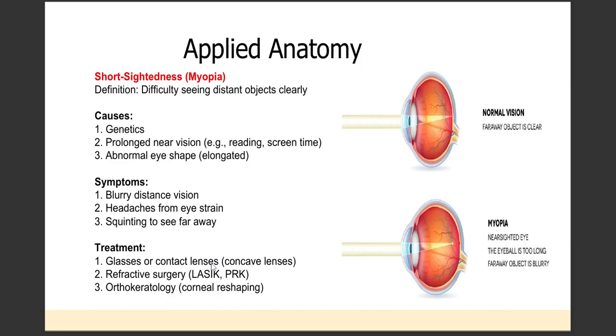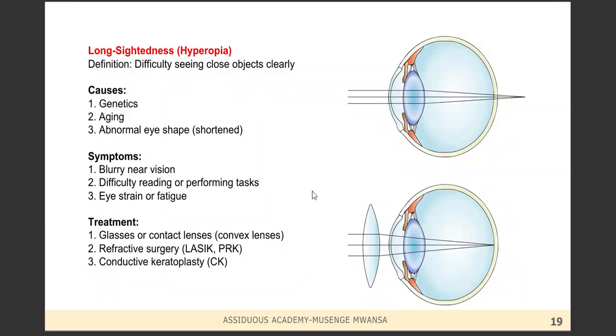And what you can use there is a concave lens in short-sightedness. It's opposite in long-sightedness. You use a convex lens because the image is forming beyond the retina, so that the image can form on the retina.